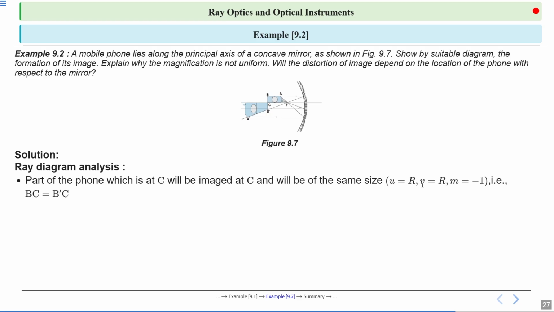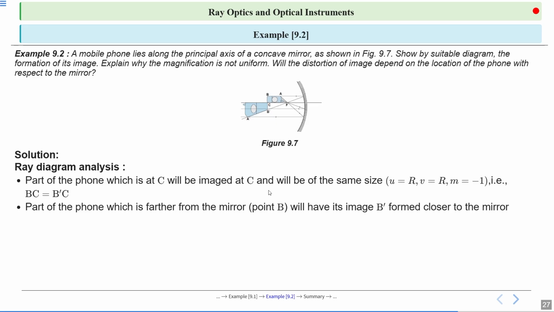That is, u equals R, v equals R, so magnification will be -1. Why -1? Because the image formed is inverted. That means BC is equal to B'C. This distance will be the same because BC is placed at the center of curvature. So that's why the image formed of this portion will be of the same size. So B'C will be equal to BC.